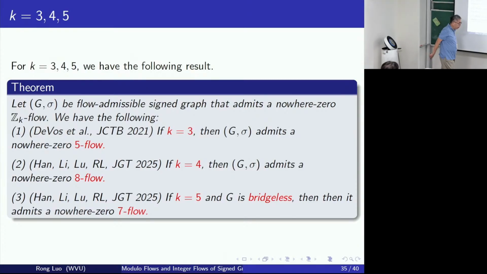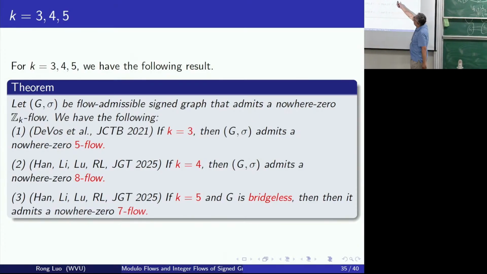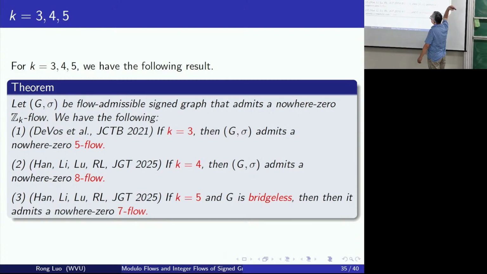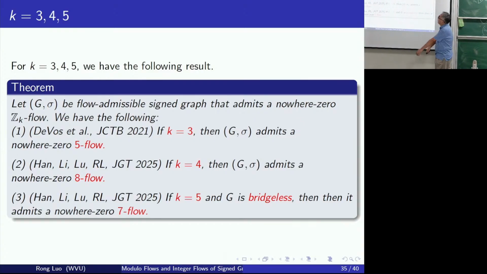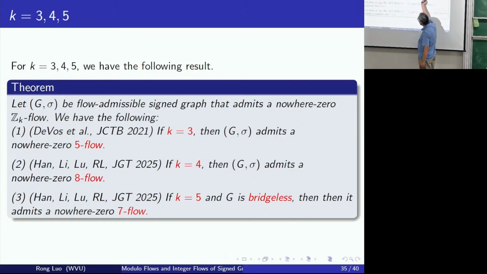Then we look at k equal to 3, 4, 5. When k equals 3, we have admissible nowhere-zero 5 flow, which is the way to prove the 11 flow theorem. For k equal to 4, we can prove that it admits a nowhere-zero 8 flow. So that's for even ones. For the odd ones, we have 2k minus 1, but for even k's, we still don't have 2k.